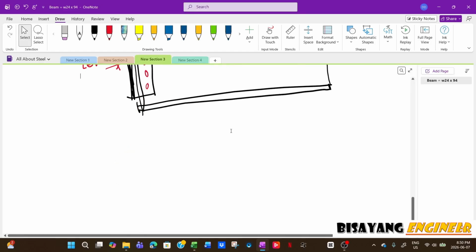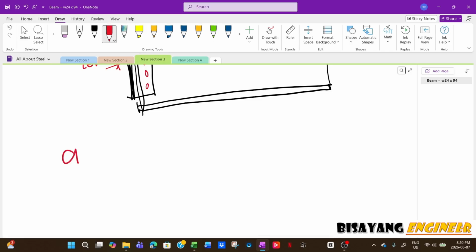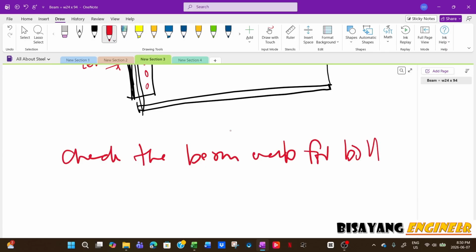So checking the beam web for bolt bearing.